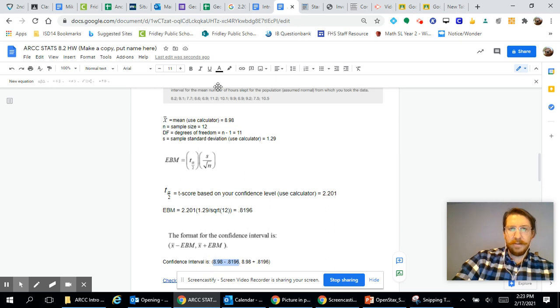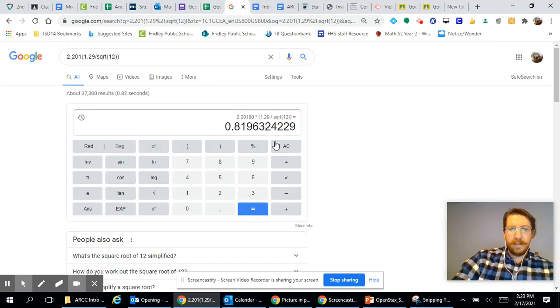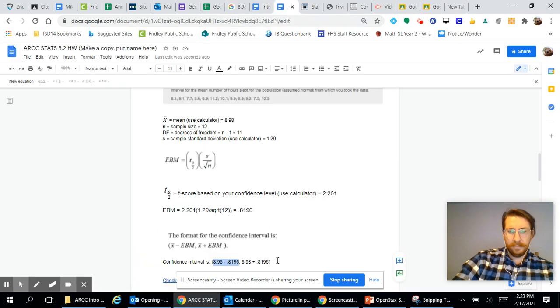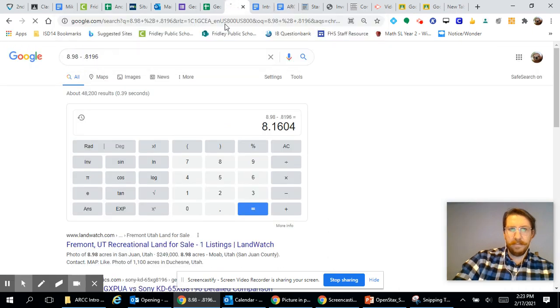I can take those and put those into my calculator. So 8.16 is my lower end. And I find the upper end. I'll round that to 9.80.